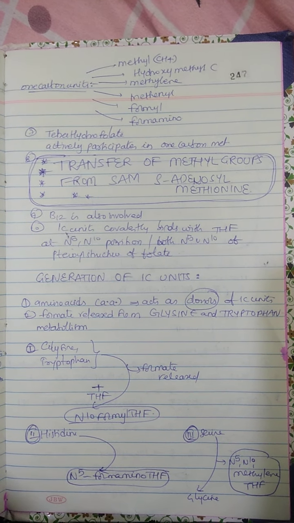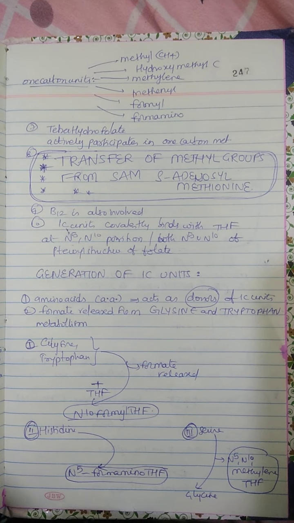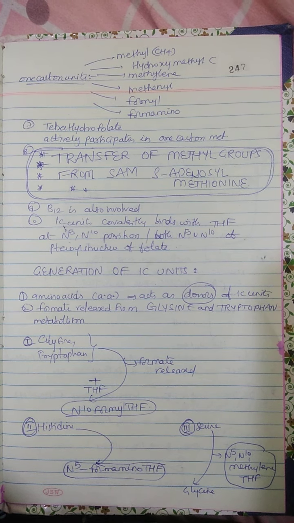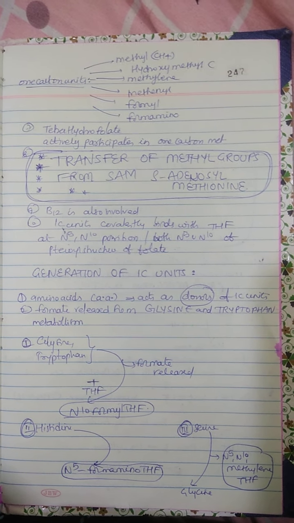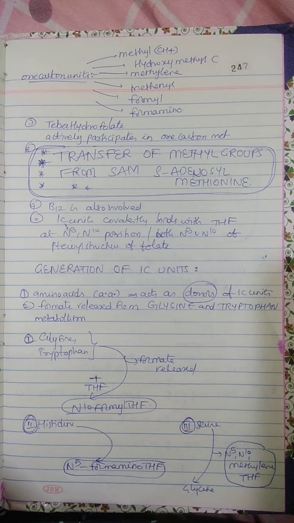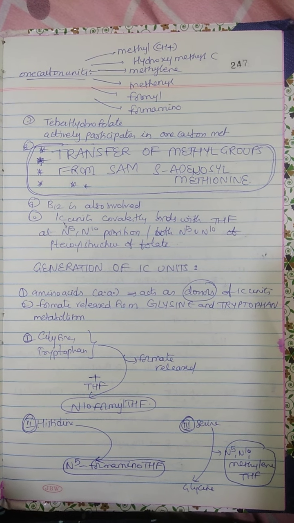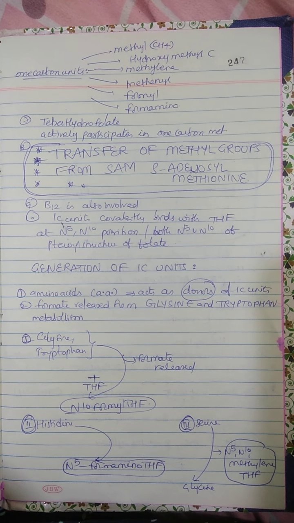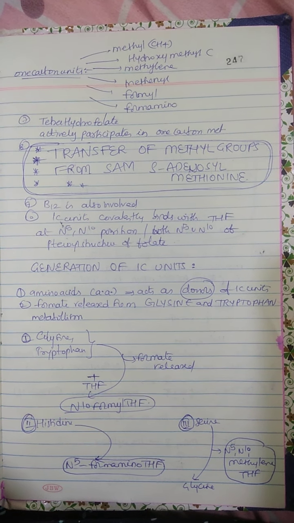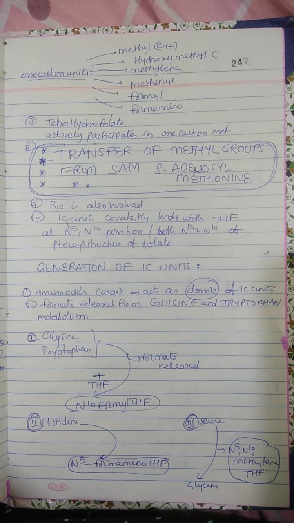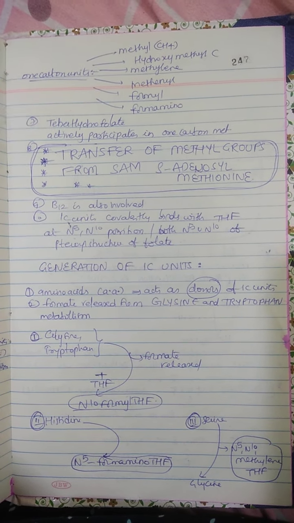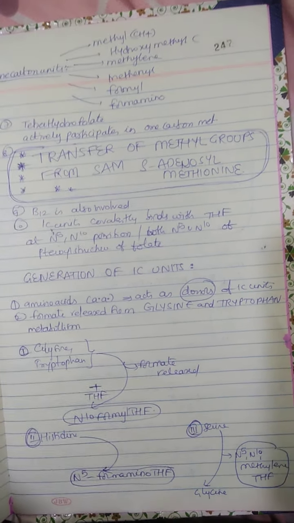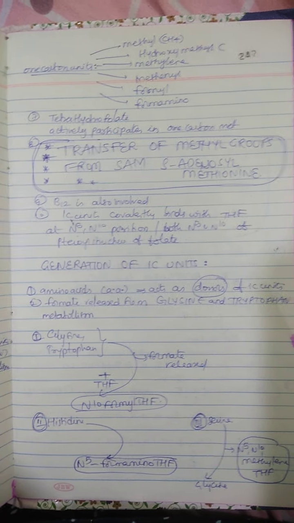Generation of 1-carbon units: amino acids act as donors of 1-carbon units. Formate is released from glycine and tryptophan metabolism. Actually, glycine and tryptophan will release N10-formyl THF and formate is released. Similarly, histidine releases N5-formimino THF, and serine is converted into glycine to release N5,N10-methylene THF.